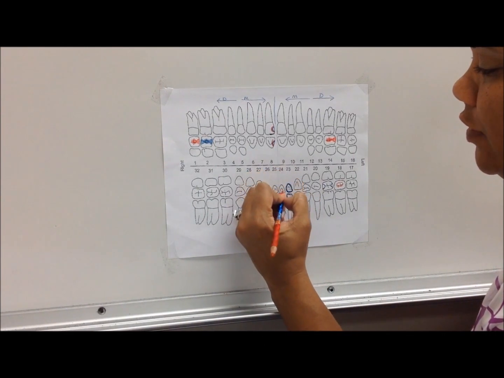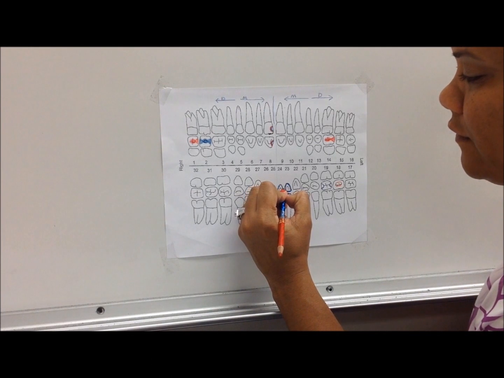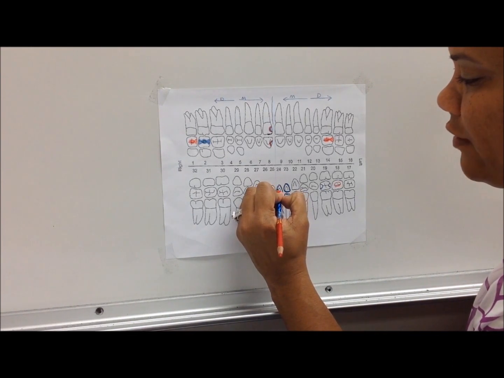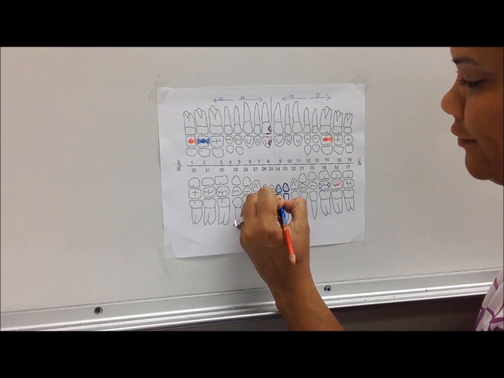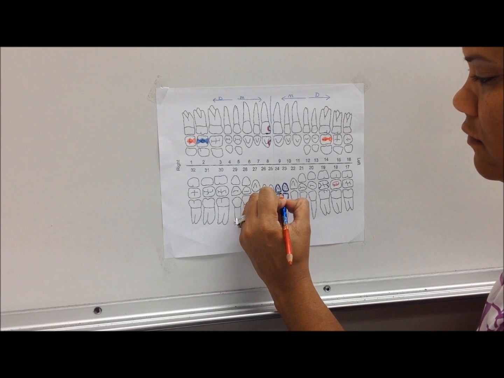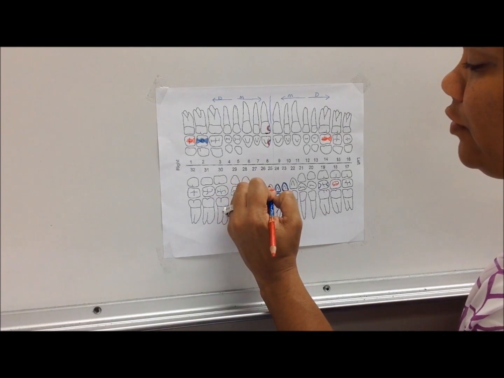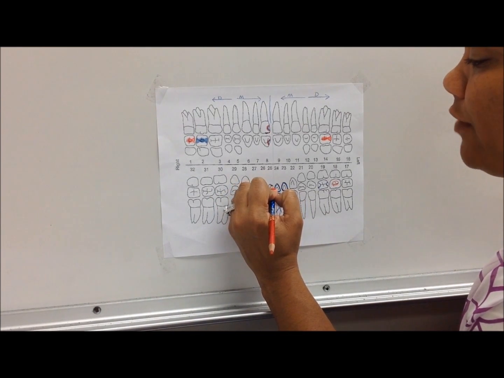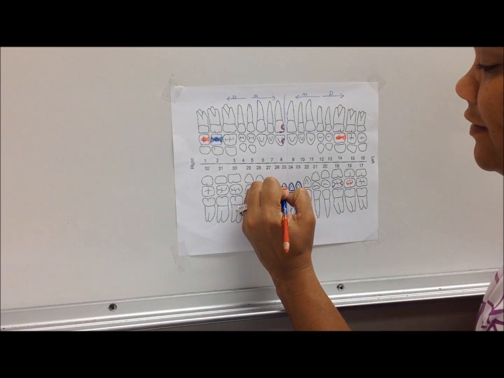And we're going to color 24 because that's part of the bridge, the 3-unit bridge that we're using to replace this missing tooth number 24. And remember, your blue means that it's already existing. If this were red, then that means that that's something that we're going to work on.